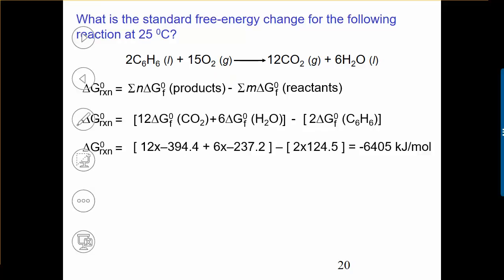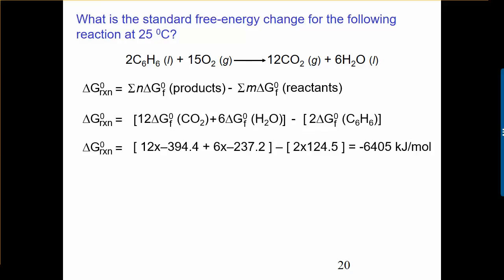So then we put our numbers in. You would find these from the back of the book. I'll do it later. But you would look it up in the back of your book, and you would find this data from the table.